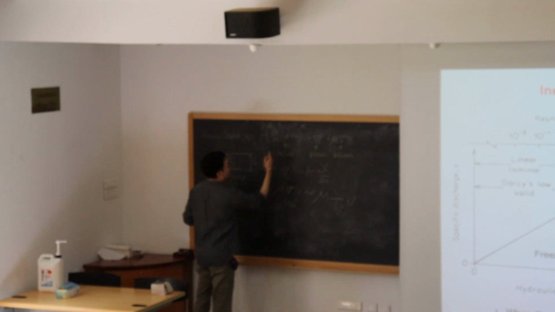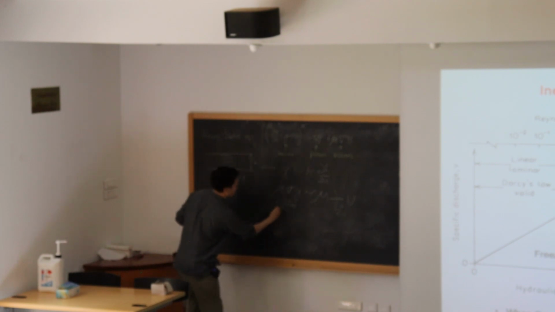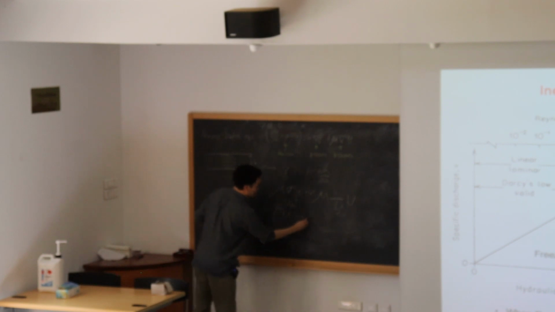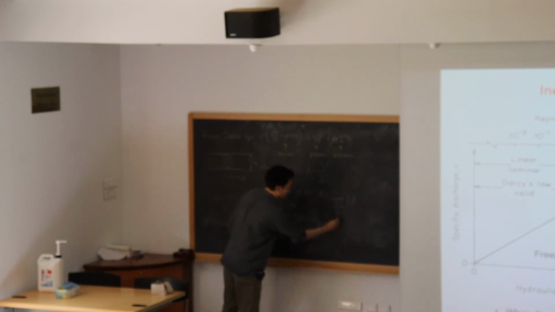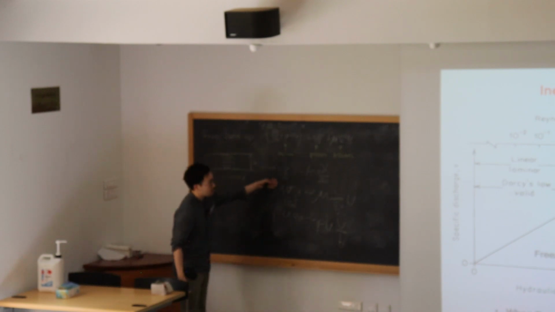Let's look at the inertia term, which is rho times u del u. And it's exactly the same: it's rho times average velocity. What is del u? It's the velocity gradient, so it's simply u over b. And this is the inertia force, and this is the viscous force.